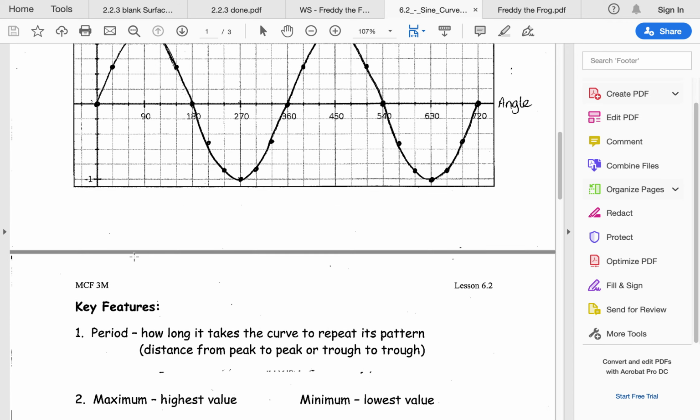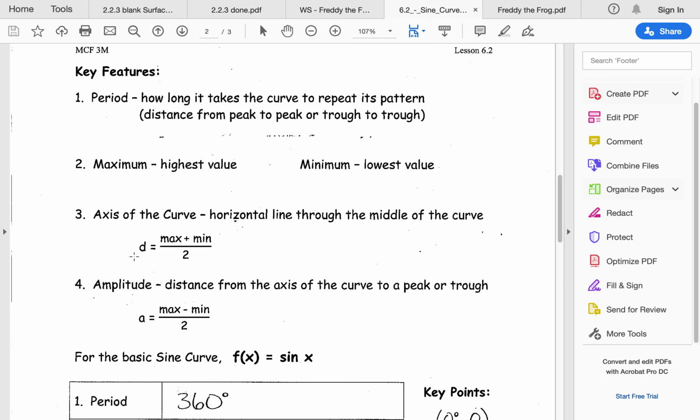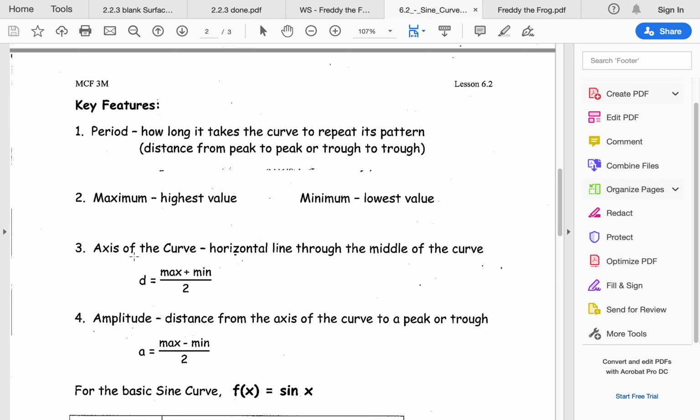So we're going to go over the key features again of this. We did some of these key features the other day, but let's keep going over it. So period. Period is how long it takes to repeat the pattern from peak to peak or trough to trough.